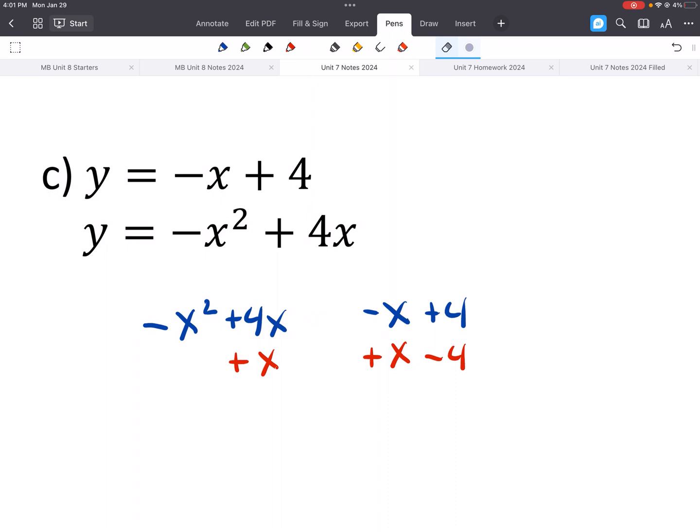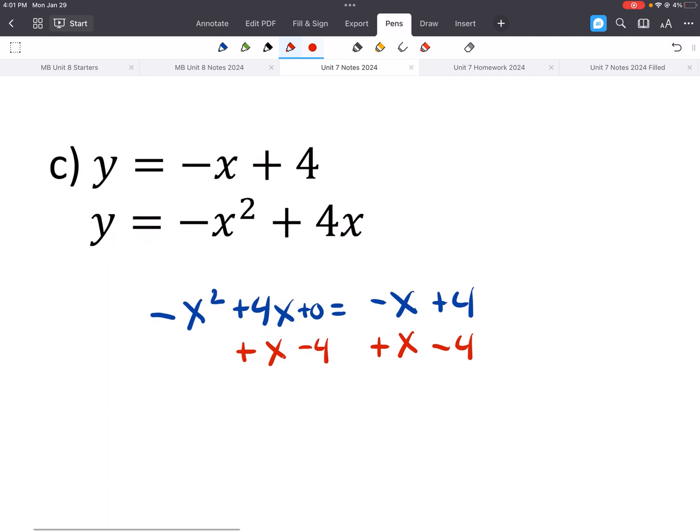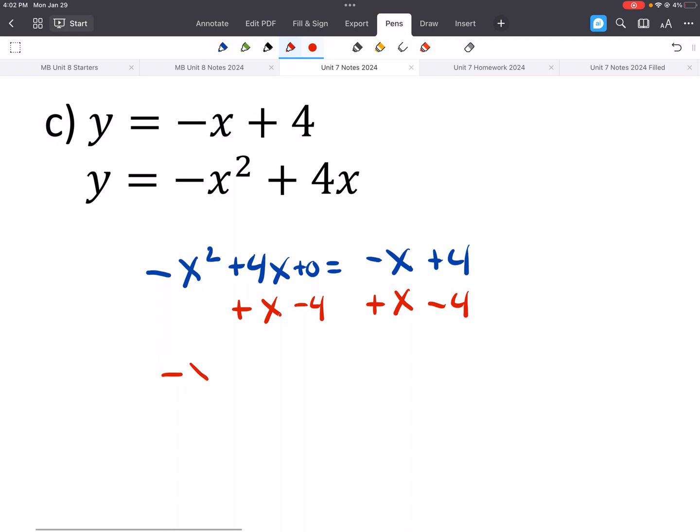So again, if you are missing a term, you can always put a 0 in there, and we could just subtract 4 from 0. Okay, so we got negative x squared plus 5x minus 4 equals 0.